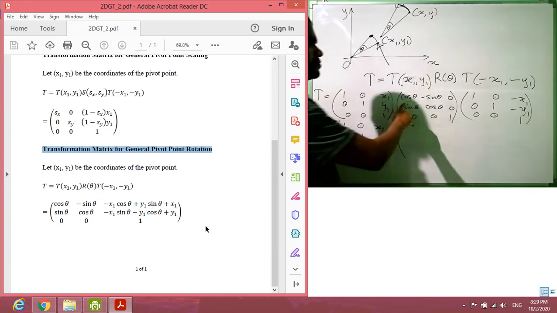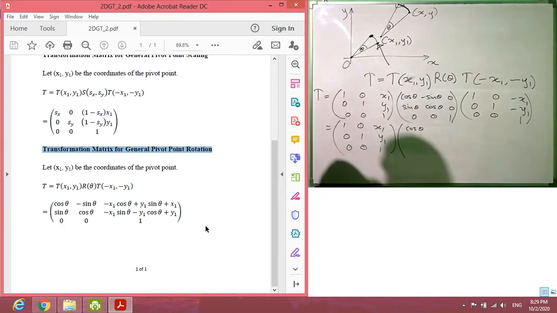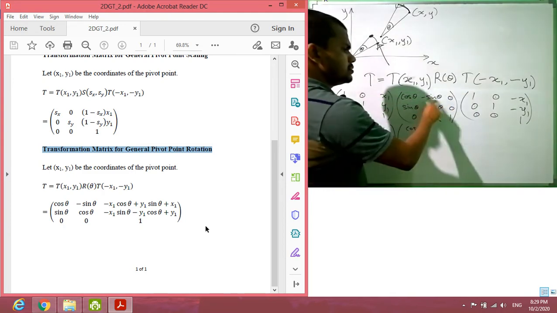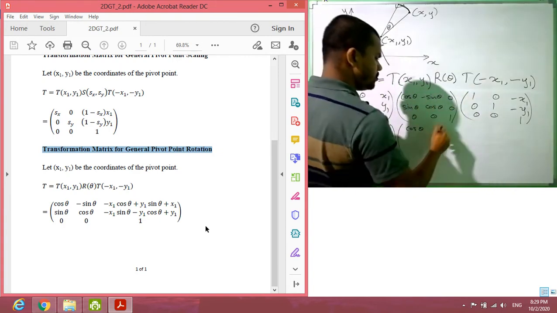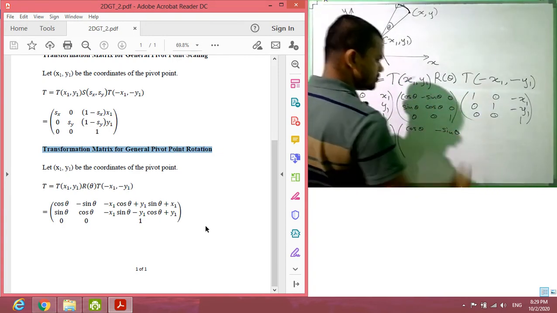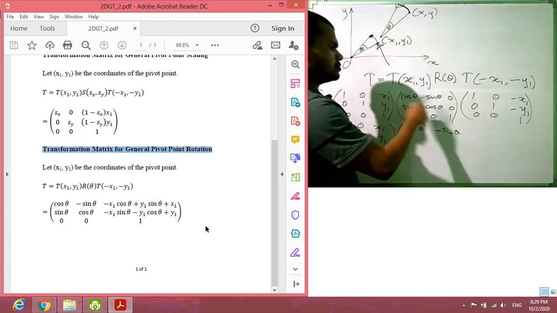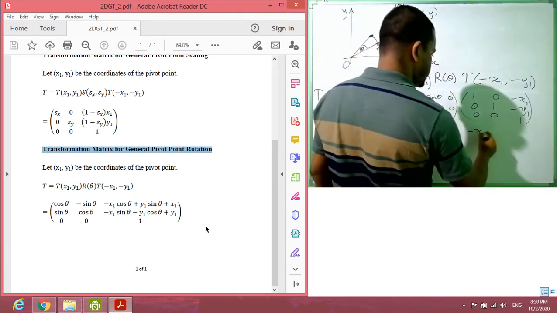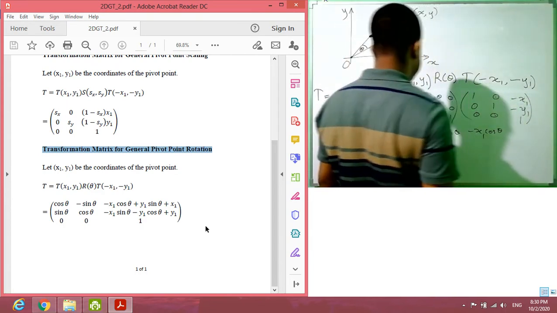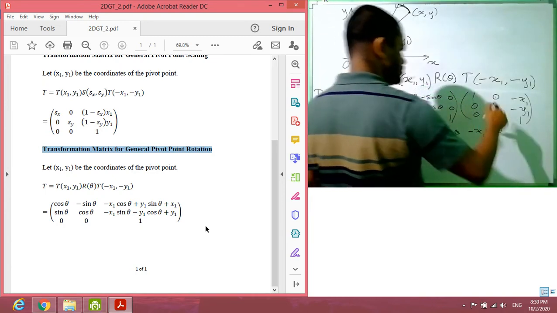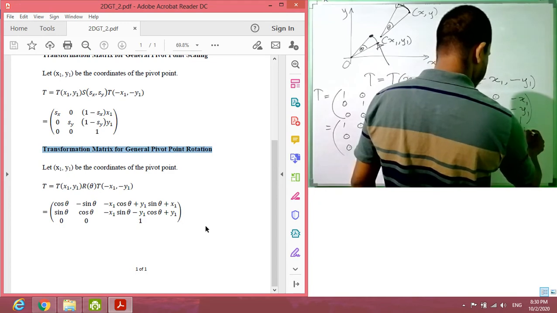This one, cos theta, 0 0, and next one, 0, minus sin theta, minus x1 cos theta plus y1 sin theta.